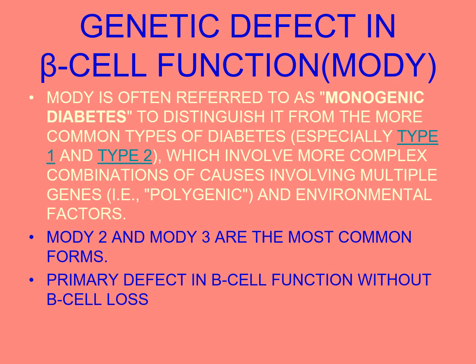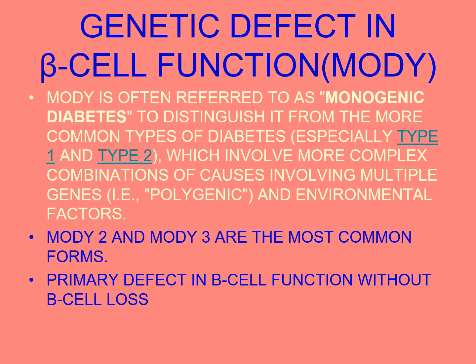Genetic defects in the beta cell function. This is MODY, that is the maturity onset diabetes of the young. This is also known as the monogenic form as compared to the above two forms, in which the genetic pathogenesis is there.